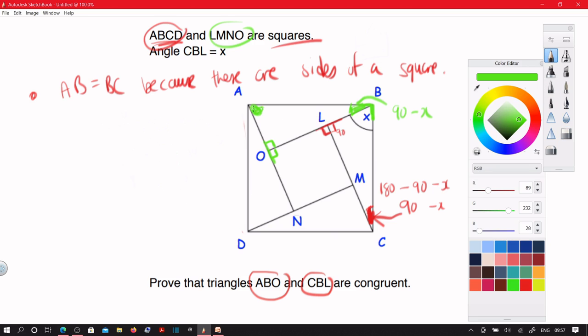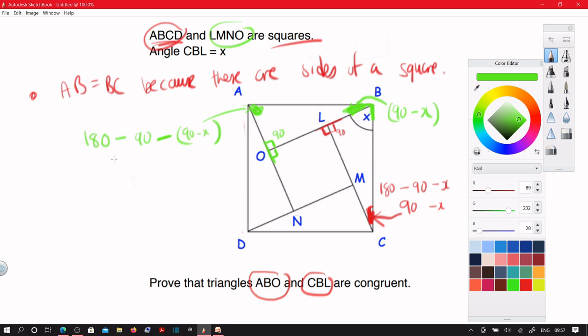To get this angle over here, remember angles in a triangle add up to 180. We've got a triangle here: 180 minus this 90 minus this angle over here, which is 90 minus x.